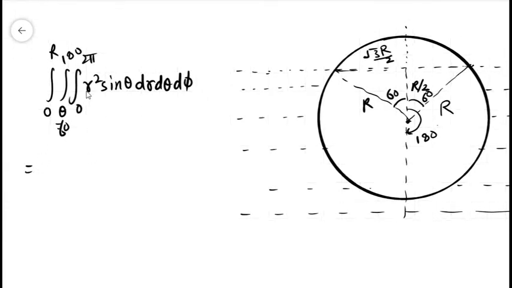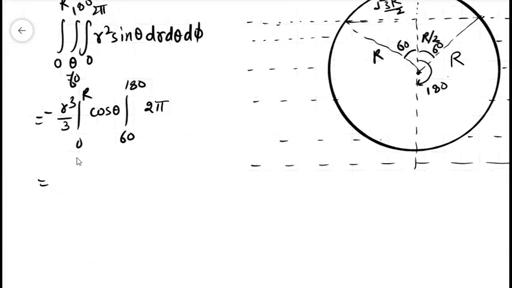If we solve for r, we will get R cube by 3 with limit 0 to R. If we solve for sine theta, we will get minus cos theta from 60 to 180 degrees, and this is independent of phi, so we will get 2 pi here.